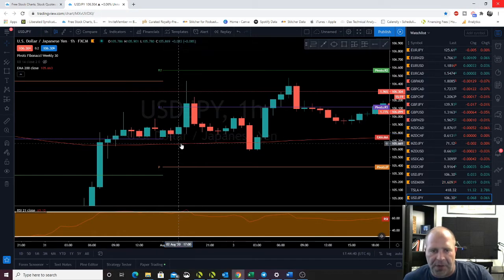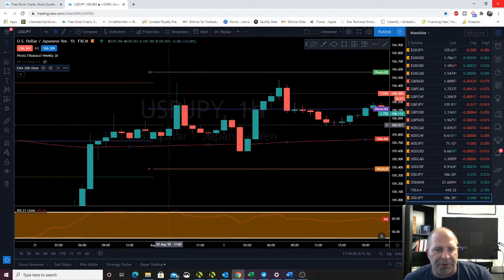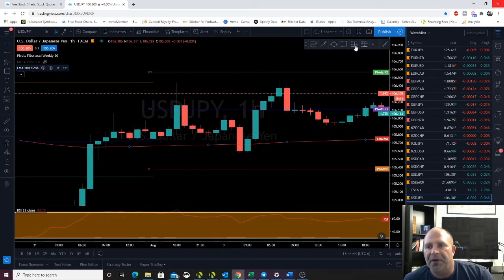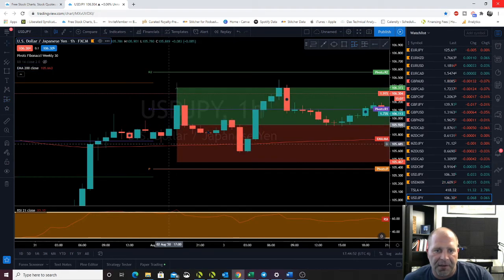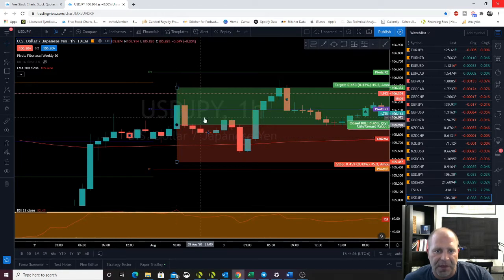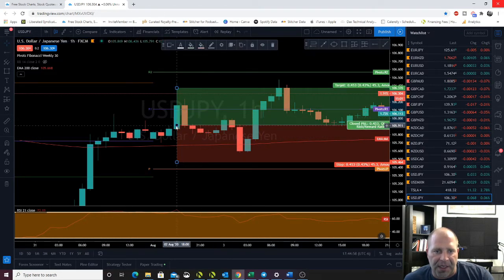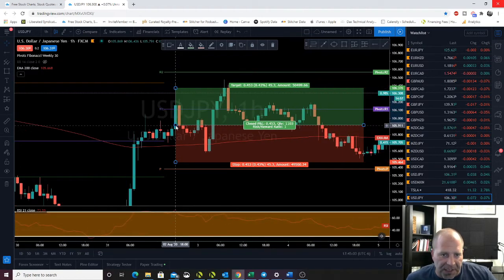And basically what we're going to do, this one's obviously long. You're going to put a buy stop a couple pips above that high, and you would put a sell stop a couple pips below the low. So we entered a buy trade here, because price went a couple pips above.